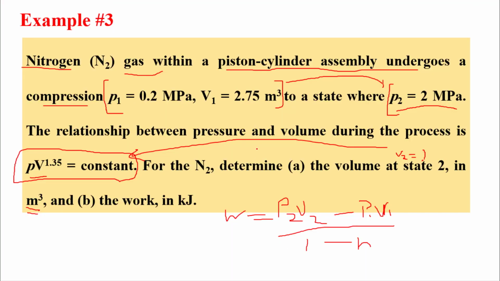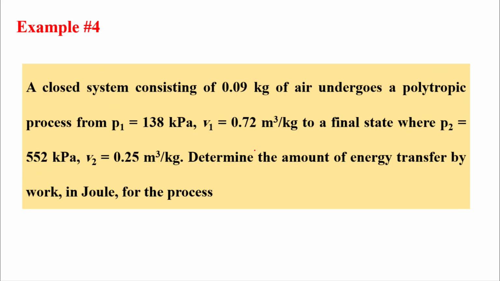So that's it for this example. Now let's see this example before ending this lecture. Here we have a closed system consisting of 0.9 kilogram of air that undergoes a polytropic process from state P1, V1 to a final state where P2, V2 are given.